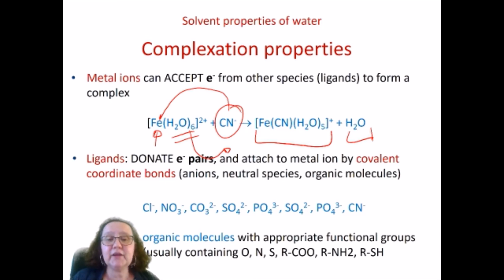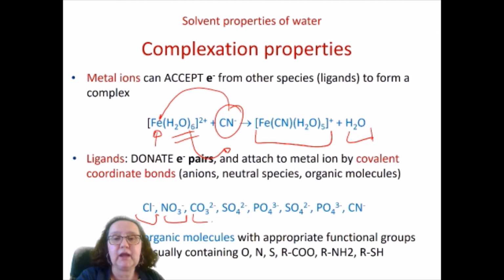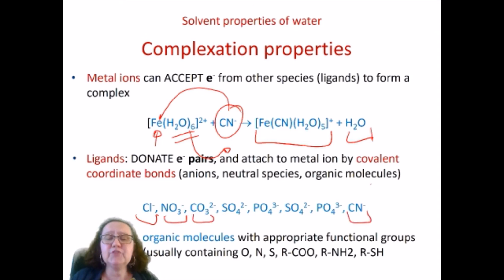Sometimes they are anions. They have a negative charge, like for example a chloride anion, or a nitrate, or a carbonate, or the cyanide that I mentioned earlier. Sometimes they are neutral molecules, like ammonia, NH3, or water, H2O, and they attach by the oxygen and by the nitrogen.